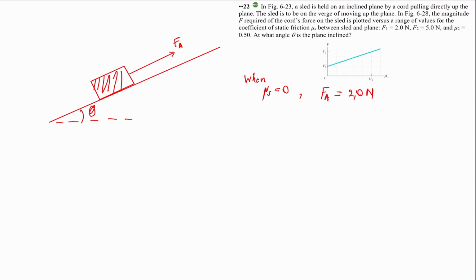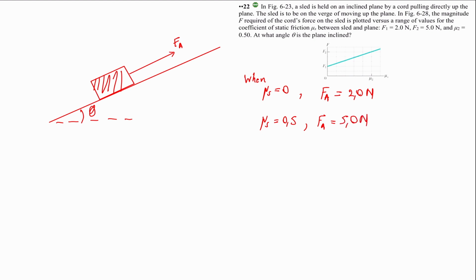And another good label they give us is that when mu s is equal to 0.5, the force we need to apply in order to keep the sled from moving down, or rather to be on the verge of moving up, Fa, is going to be equal to 5.0 newtons.